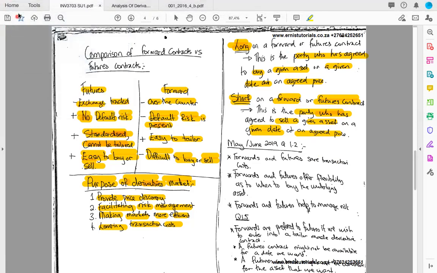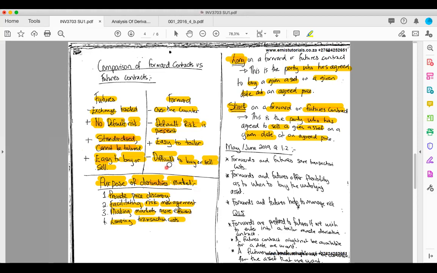So to just finish off, I want us to look at some past exam questions from May, June 2019. So these questions are from RSK 4805, which is the sister module to this module we're doing, like I explained to you before, but the questions overlap.